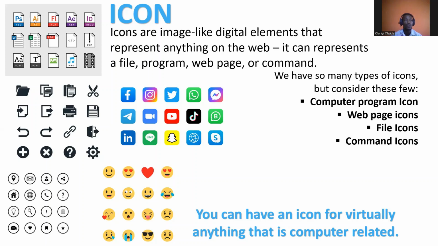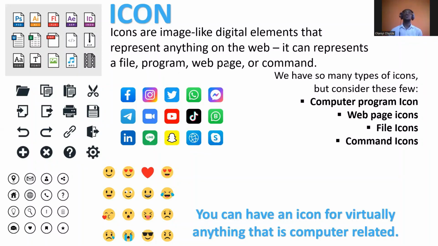We have the one for Photoshop, Adobe Illustrator, InDesign, Microsoft Office, or let's say word processing file icon, data processing file icon, the PDF, professional document format, the code, the zip file, and others. So you can see that each file created in the digital space with a program has its own file icon, right? Okay, so let's talk about command icons.